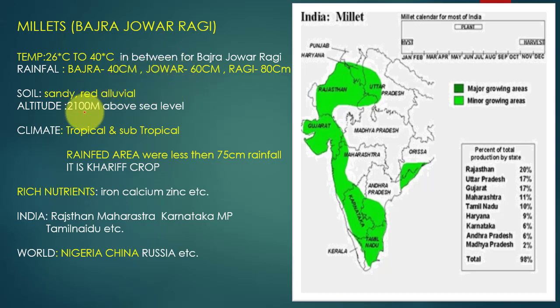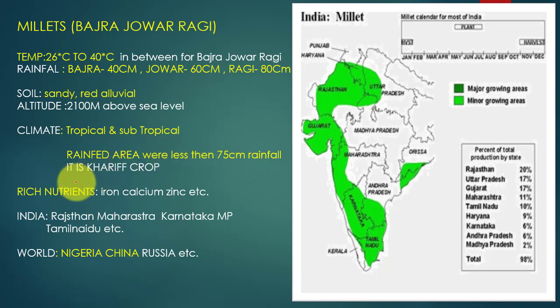Altitude up to 2100 meter above sea level. Climate tropical and subtropical. It is a rain-fed area. Millets mostly grow in rain-fed areas where rainfall is less than 75 centimeter. The Indian Council of Agriculture defines rain-fed areas as those where rainfall is less than 75 centimeters.